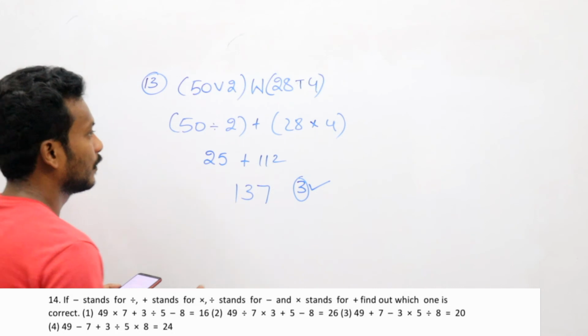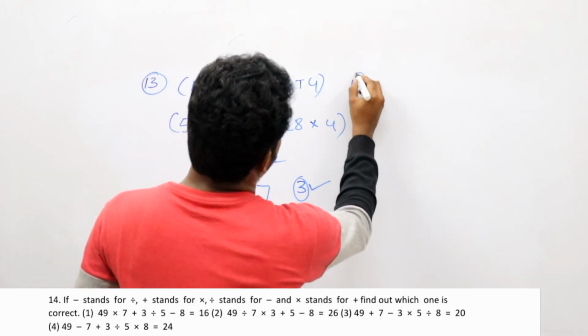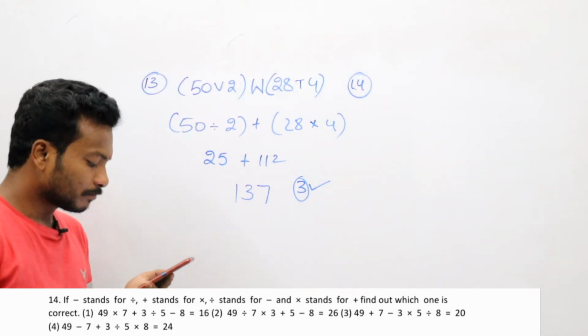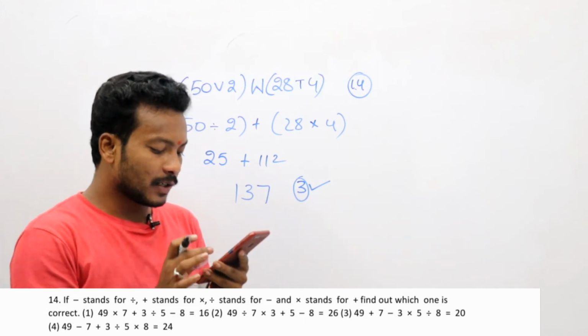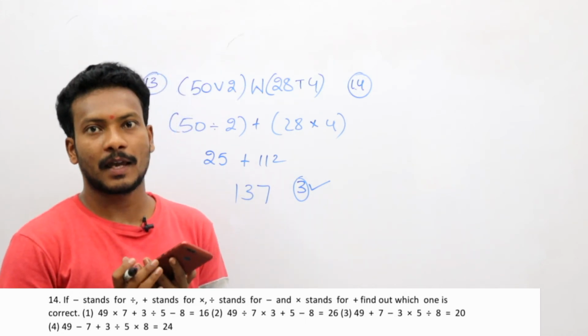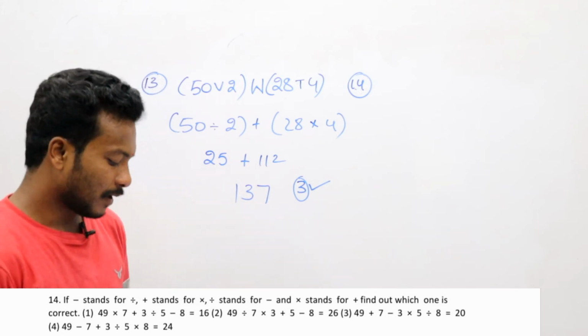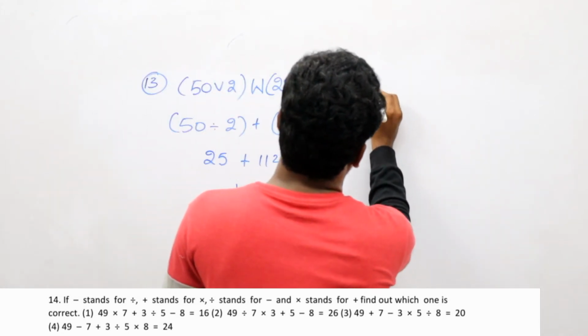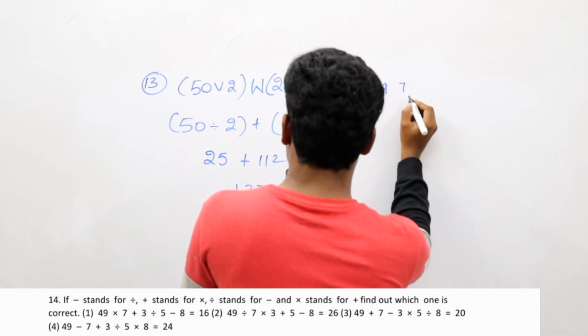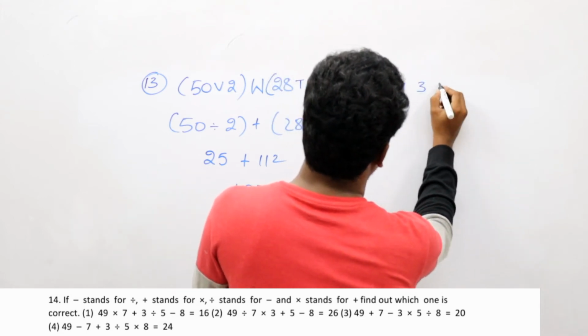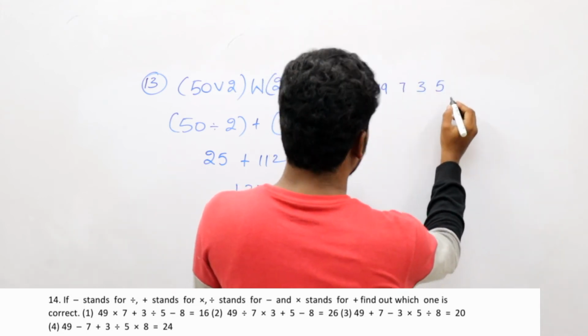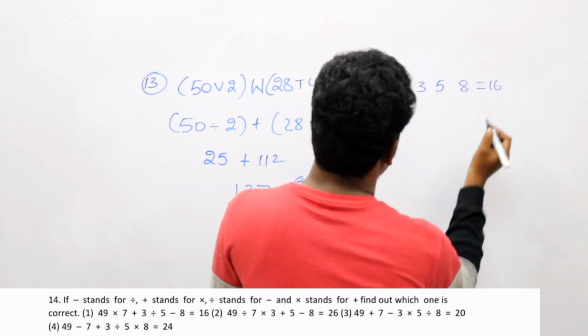Okay, right? Next, the 14th question. For the 14th question he is asking for the correct one. For finding the correct one we have to solve all of these. First one is 49, 7, 3, 5, 8 is equal to 16.